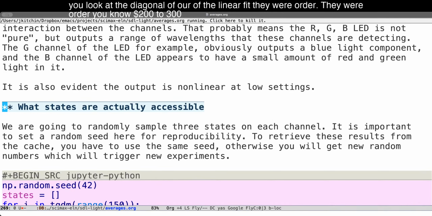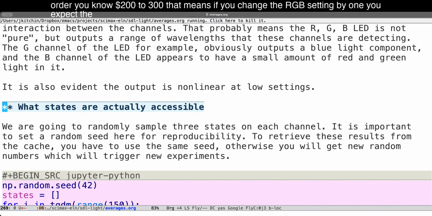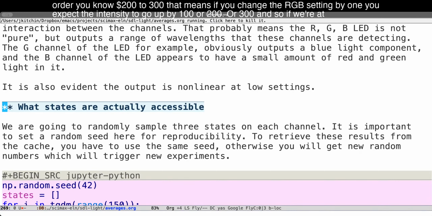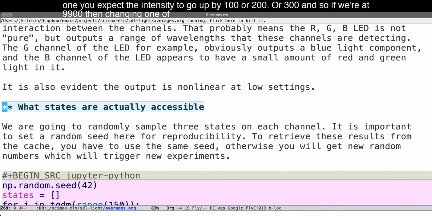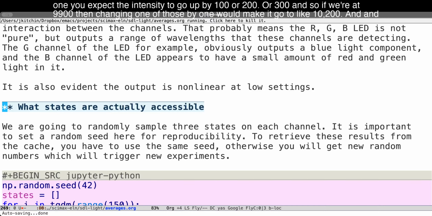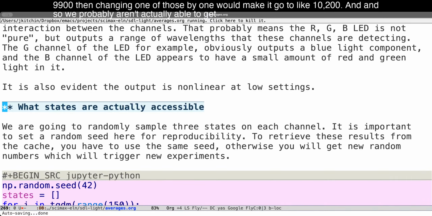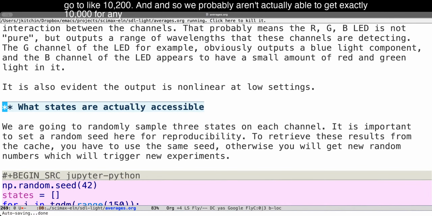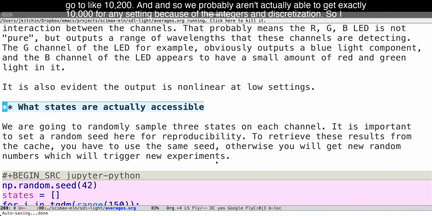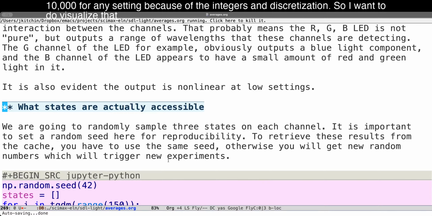That means if you change the RGB setting by 1, you expect the intensity to go up by 100 or 200 or 300. And so if we're at 9900, then changing one of those by 1 would make it go to like 10,200. And so we probably aren't actually able to get exactly 10,000 for any setting because of the integers and discretization. So I wanted to visualize that and see it.